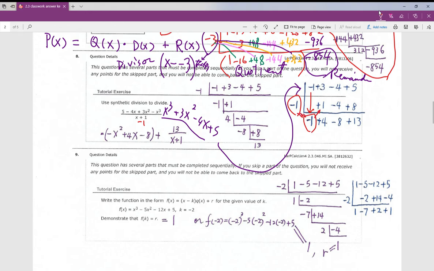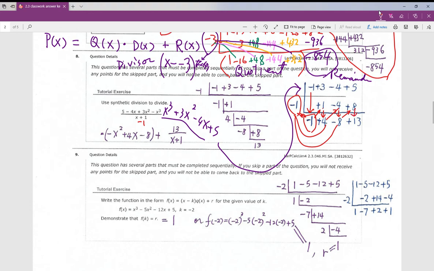These two multiply and go to there and then plus, and then these two multiply and go to here and the plus. These two multiply and go to here and the plus. Always follow the same procedure.